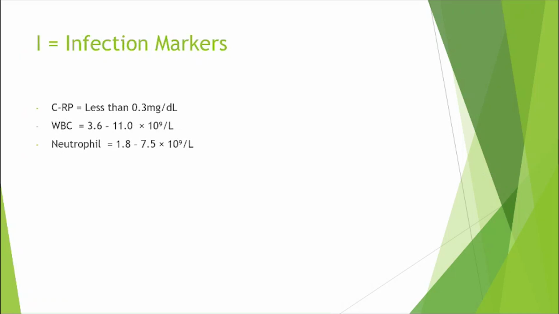A is airway, B is breathing, C is circulation, D is disability, E is exposure, F is fluid, G is gastric related, H is hematology, and I is the infection marker.